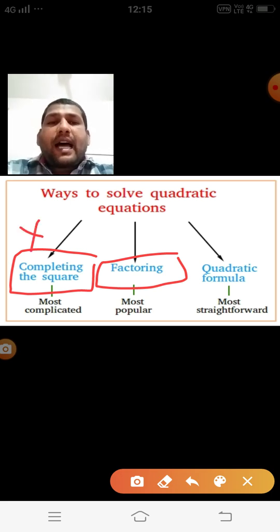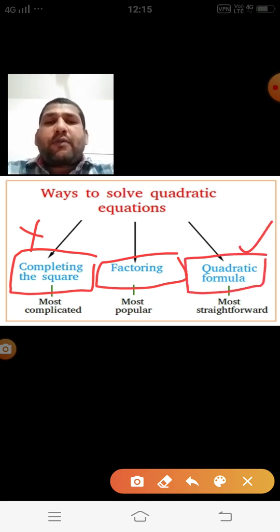The last one is the quadratic formula, by which we can easily get the roots of the equation. For a quadratic polynomial we get zeros, and if you solve a quadratic equation, then we get the roots.